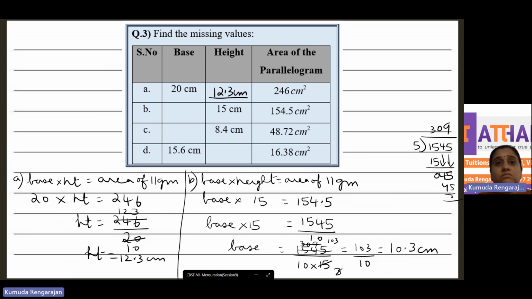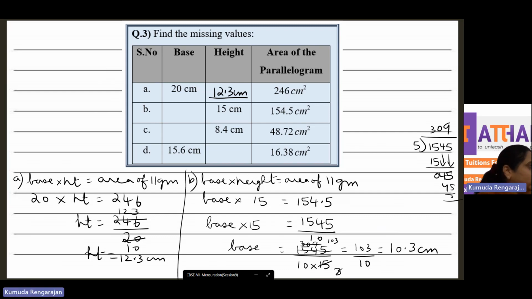You cannot? You should learn it. Write it like this. You can do it directly with 15. 15 ones are 15, and 15 103 times.